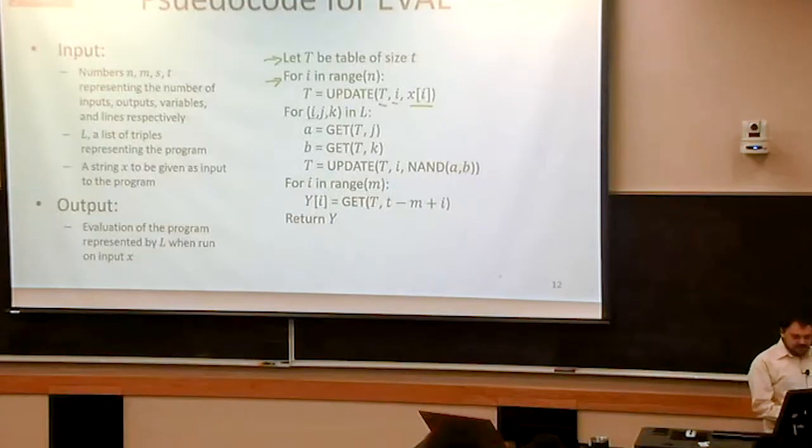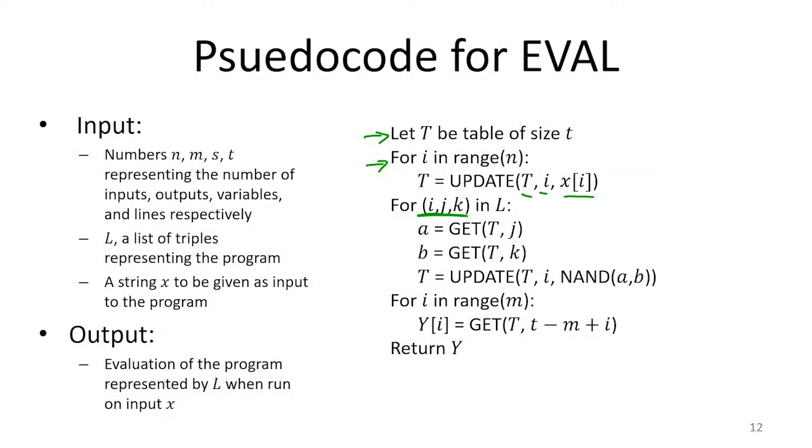And then we can look at every single one of our triples in our program. Our triple i, j, k says that i gets assigned the NAND of j with k. The variable numbered i gets assigned the NAND of the value of variable j with the value of variable k.